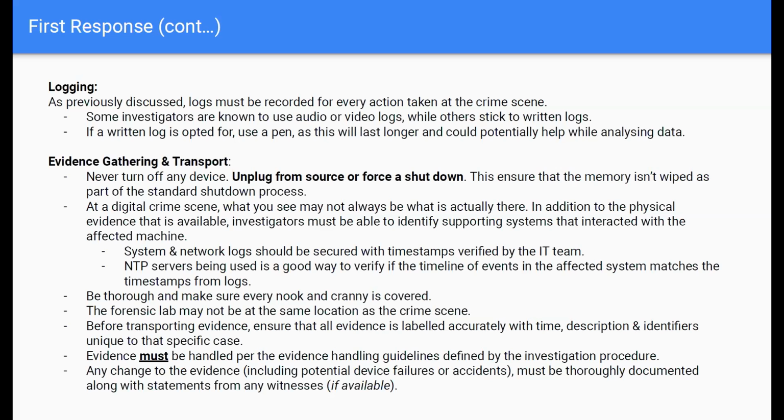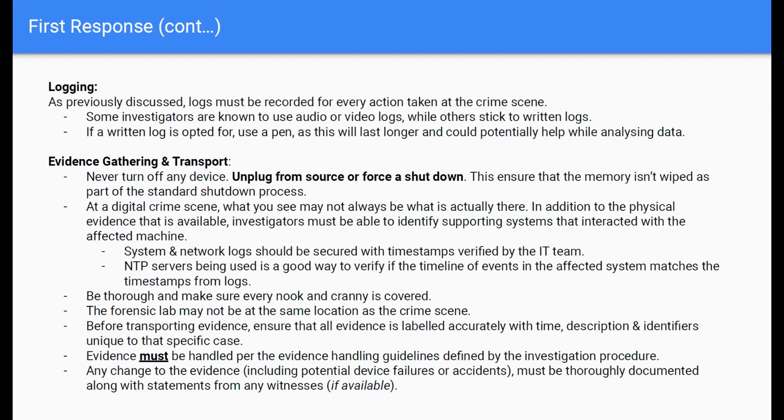Usually cases are given a case identifier. It could be anything, but it has to be unique to that case. So for example, if your previous case was ABC123, your next case should be ABC124. And then any evidence collected under ABC124 should be labeled as ABC124-01, ABC124-02, and so on, so that when you see that identifier, you know exactly what case you're talking about.